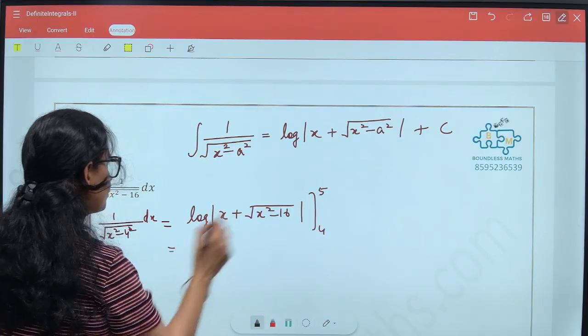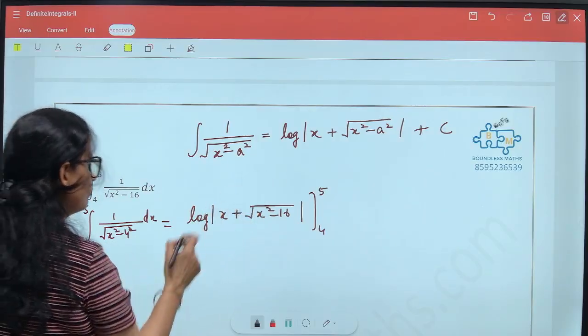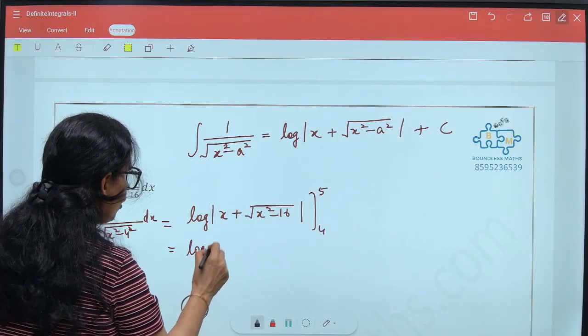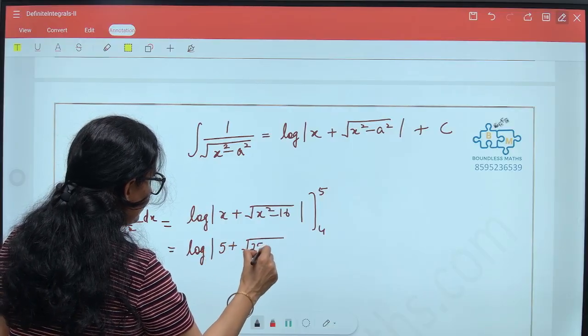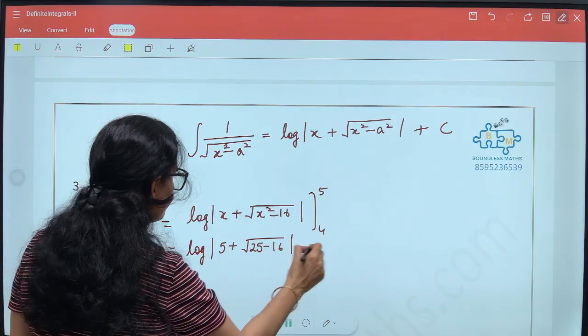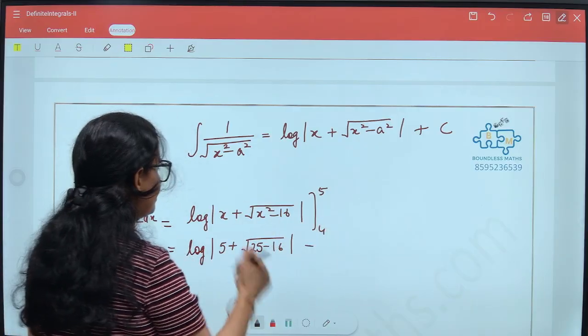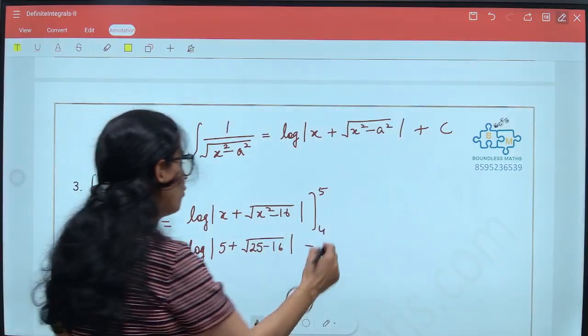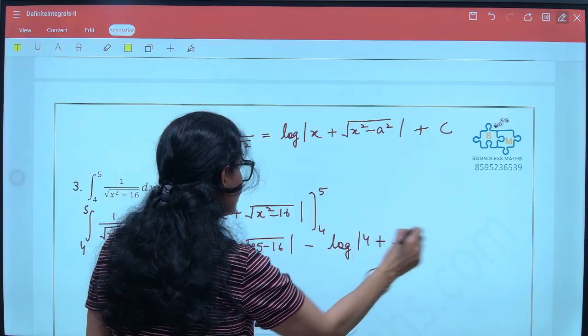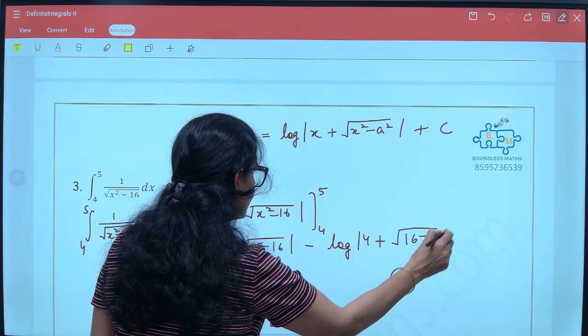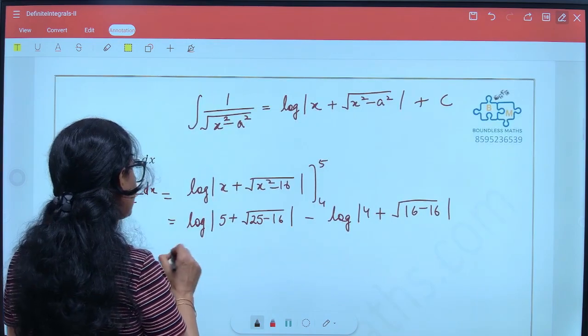So we will first put the upper limit, replace x with 5. So this becomes log of 5 plus square root of 25 minus 16 minus, now we put the lower limit, that is replace x with 4. So this becomes log of 4 plus 4 square is 16, 16 minus 16 here. So let's simplify further.